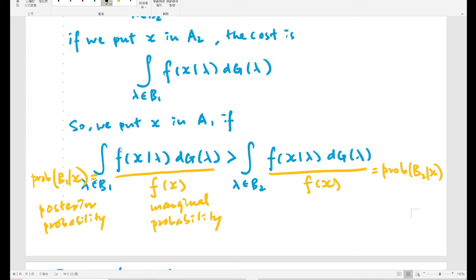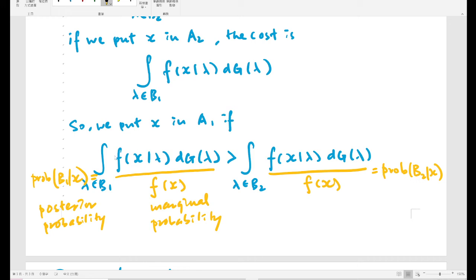Then we transform everything in terms of posterior probability as usual. Now pay attention to the orange color. We divide both sides of the inequality by the marginal density or probability fx. Then the interpretation is as follows. The left-hand side becomes the posterior probability of lambda in B1 conditional on x. The right-hand side becomes the posterior probability of lambda in B2 conditional on x.